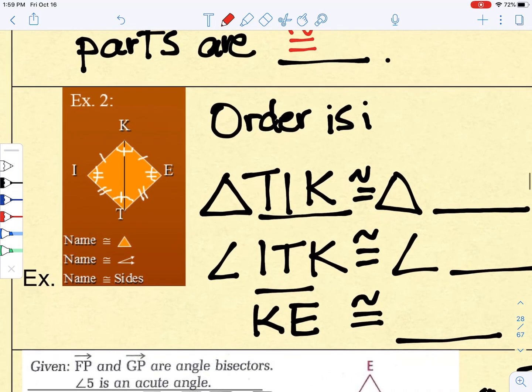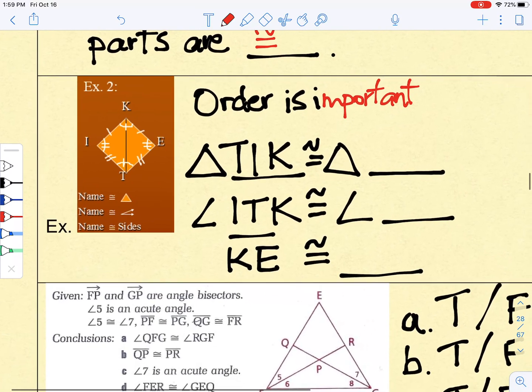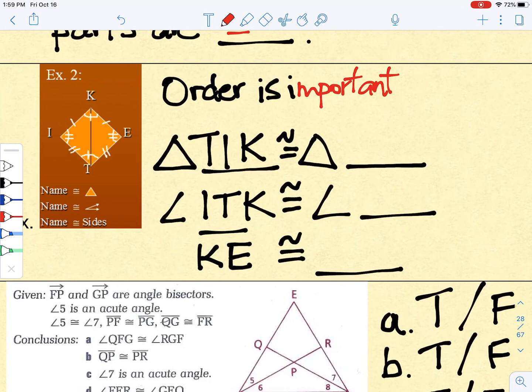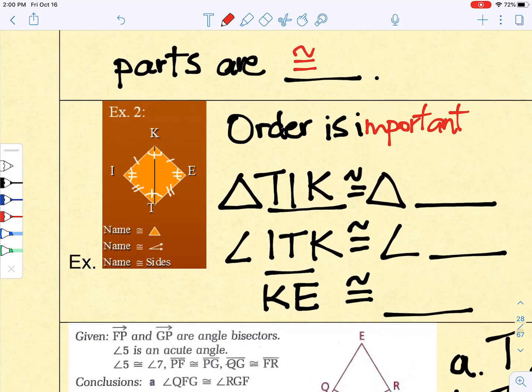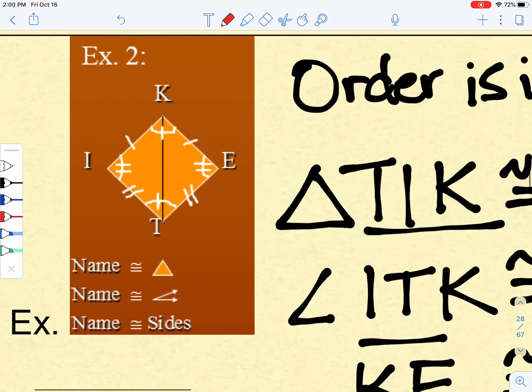Now, as I've already alluded to, order is important. So if I were to say triangle TIK, T-I-K, is congruent to, they should have used an O here instead of an E. That's a shame, would have been a nice little nod to angle TEK. How do I know that that's the right order and it's not the angle KET, for example?